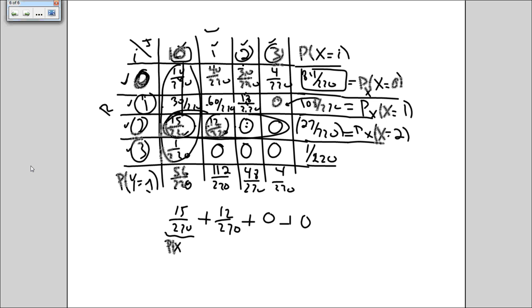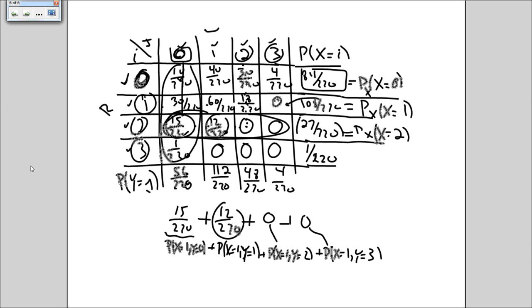The probability that x is 1, y is 0. Plus this number. The probability that x is 1, y is 1. X is always 1, but we let y be any value that y can be. And we add them up. This is known as the probability that x takes on the number 1.